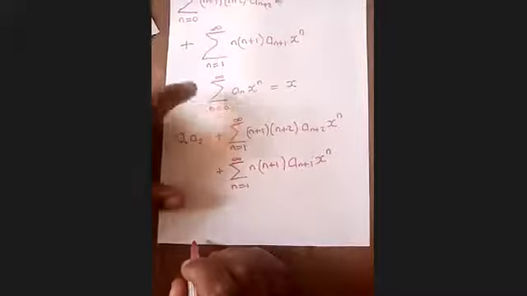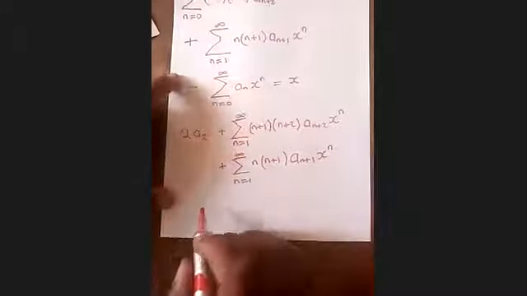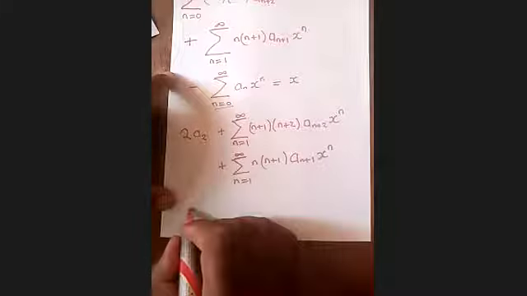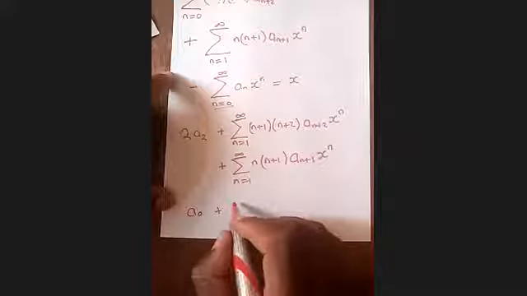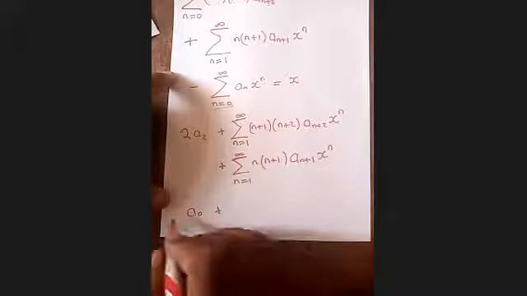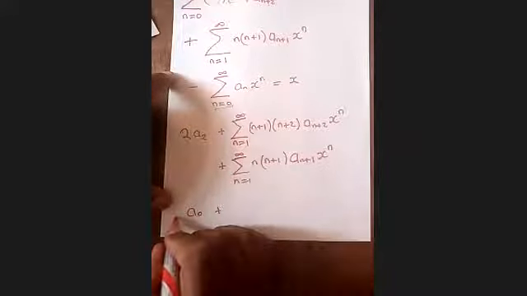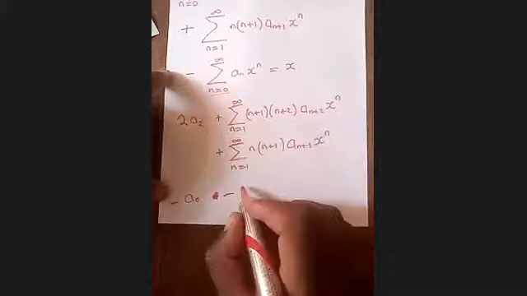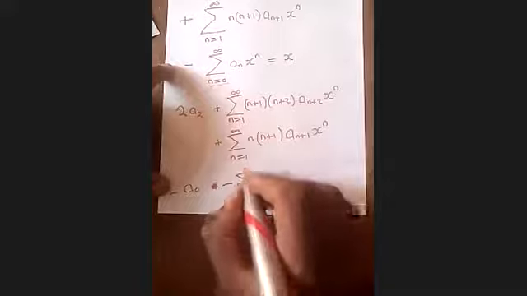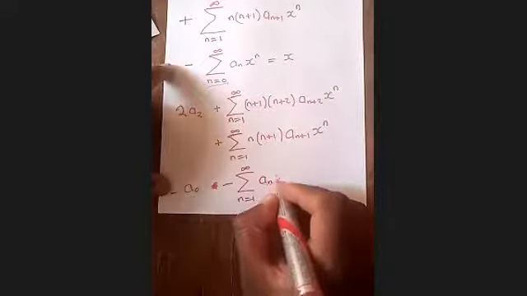The last one is starting from n equals 0. I write out the first term, which is a naught. Oh, and this is minus, so this is minus and minus. So this is summation n equals 1 up to infinity of a n x to the n equals x.